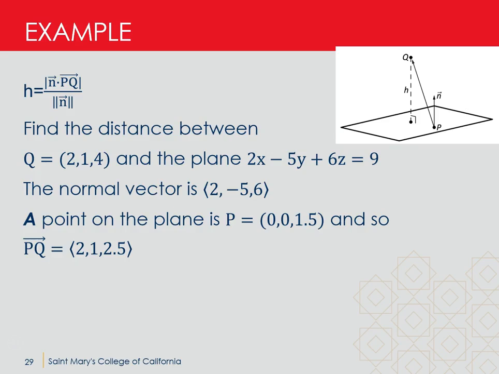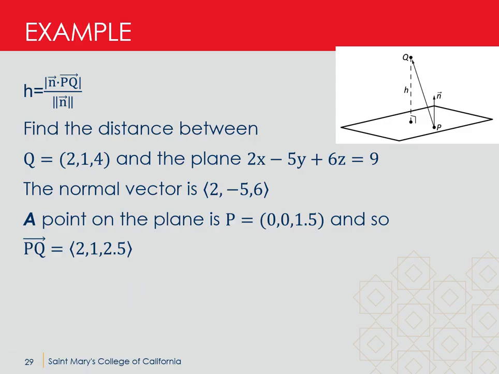And so if we take the x to be 0 and the y to be 0, the z has to be 9 over 6, which is 1.5. So there is a point on the plane, and there are lots of other ones. And if we have a point on the plane, we can find the vector from P to Q. We have the point 2, 1, 4, so the vector from P to Q is 2, 1, 2.5.